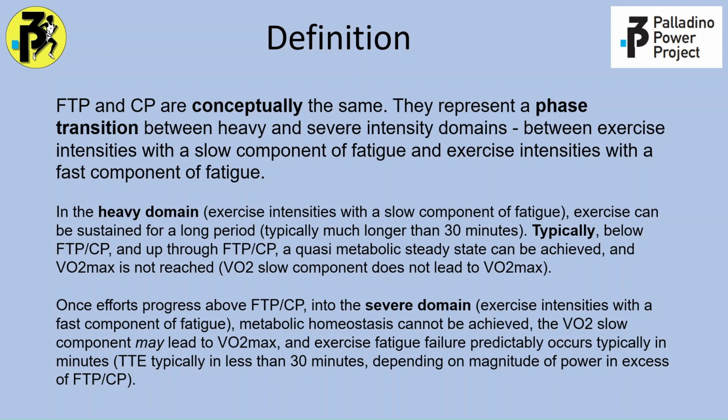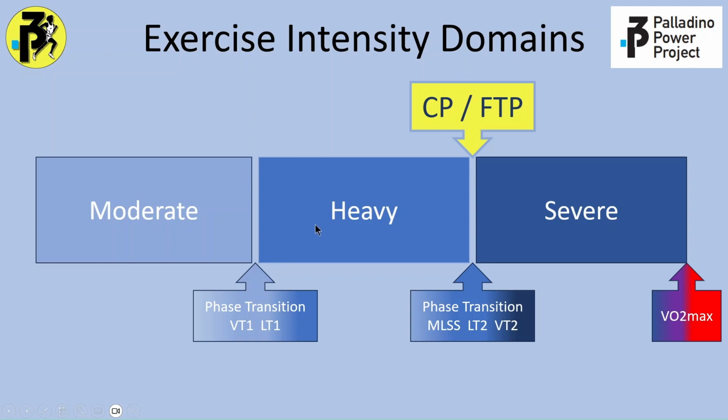There's a slow component, but the slow component does not lead to VO2 max. So once again, the heavy domain is where there's a slow component of fatigue, longer durations, typically longer than 30 minutes, can be sustained at a quasi-metabolic steady state, and VO2 max will not be achieved.